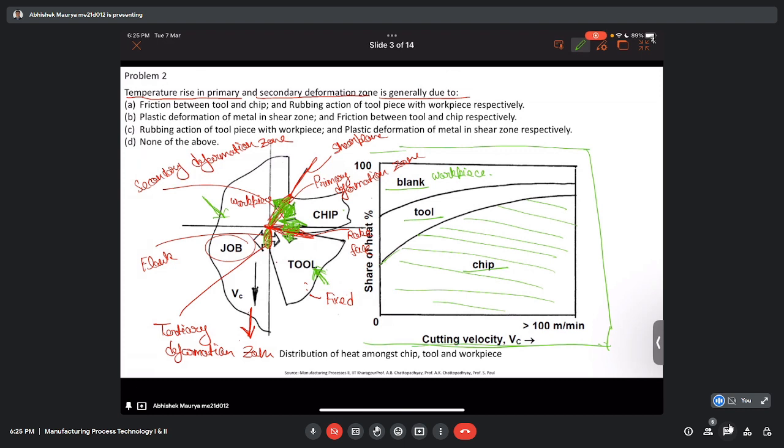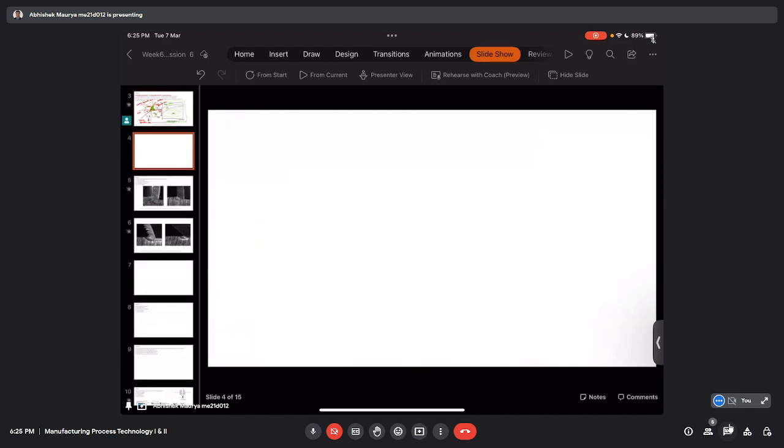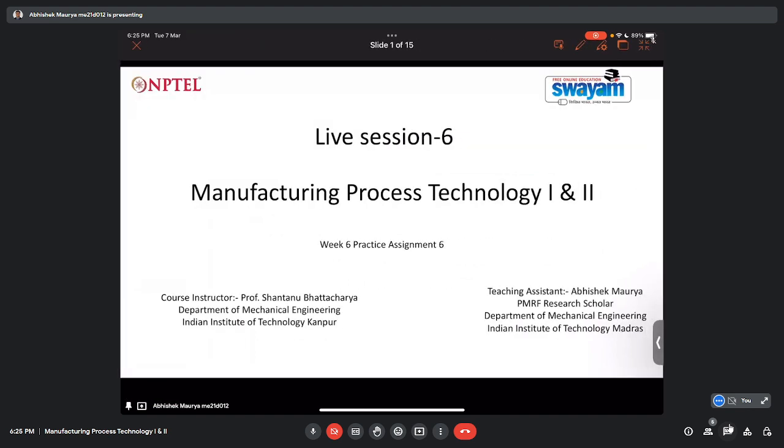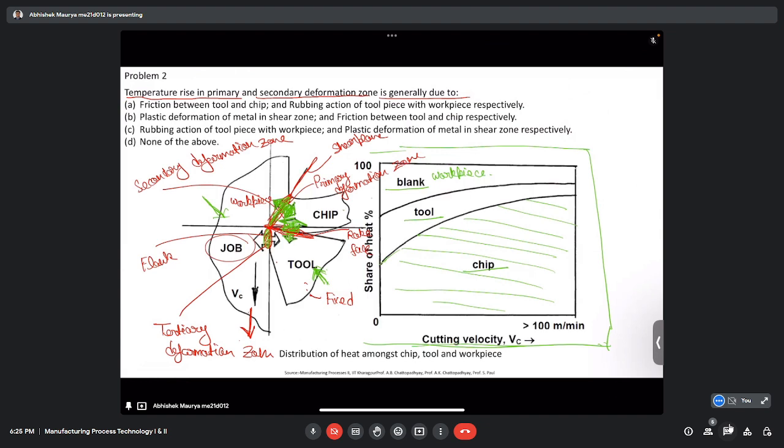If you try to note down some of the effects of the heat on the tool and the workpiece, I would like to write it point-wise. So let me add a slide.